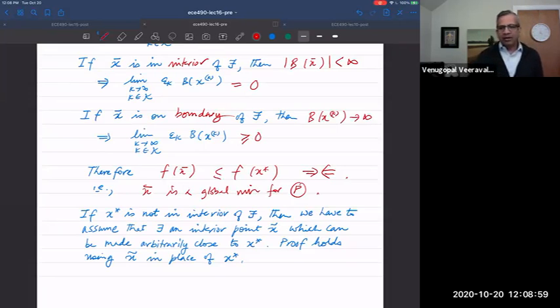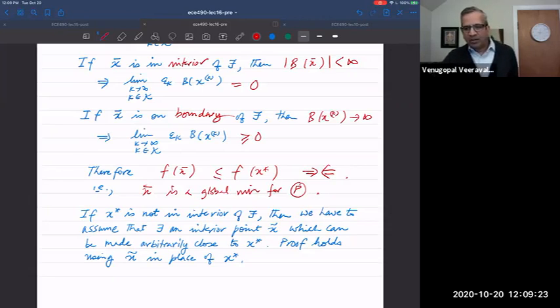So what happens now? Again, this last part is a little bit technical, so I'm not going to go into the details. But you can easily write down the steps once you have the statement in words. Suppose x star is not an interior point of f.